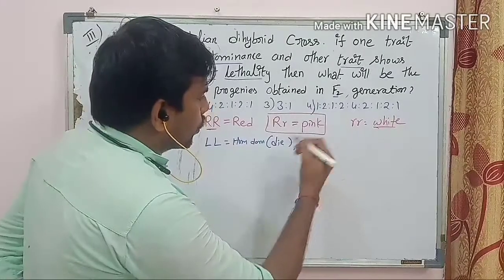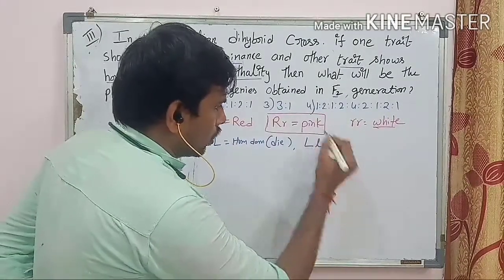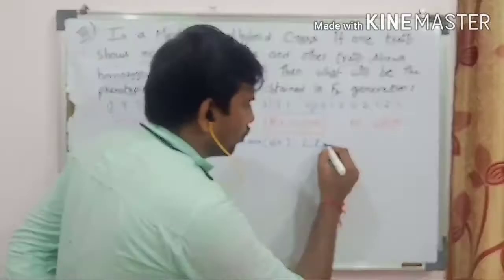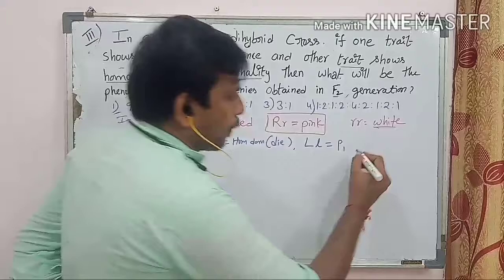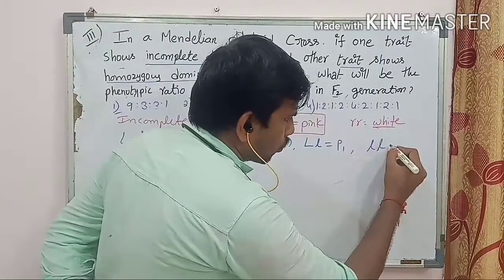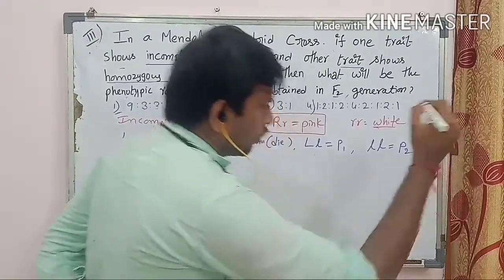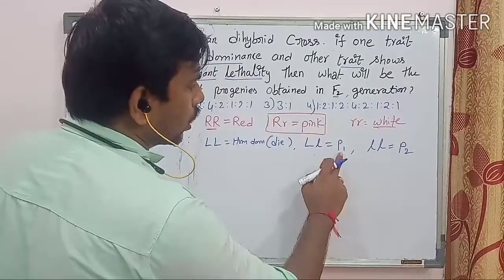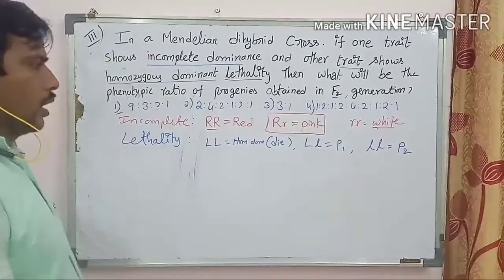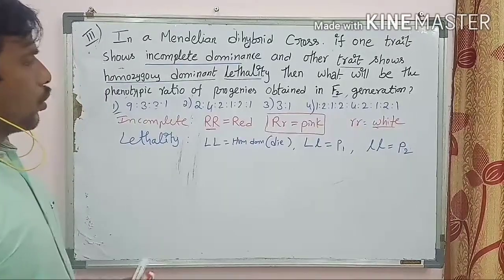In another condition, heterozygous, capital L, small l, it gives one type of phenotype, and small l, small l gives another type of phenotype. That indicates phenotype 1 and phenotype 2. Remember that. Now we will go to the question.